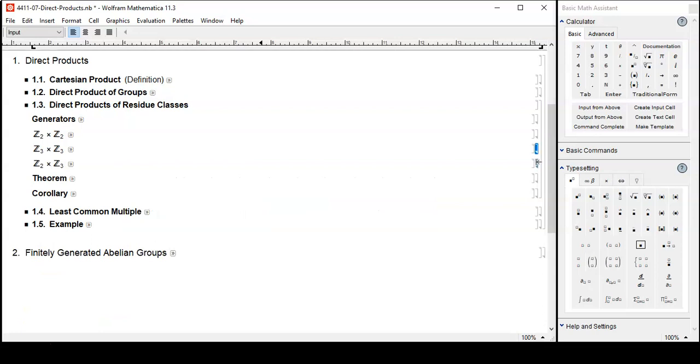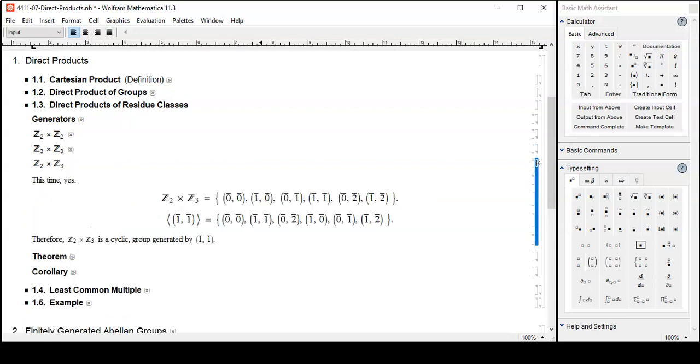Now how about this, Z2 times Z3? The answer is, this time, yes. We have these 6 elements, and if you start from (1, 1), let's say (0, 0) plus (1, 1), so we get that, and plus (1, 1) again, you're going to get (2, 2), but first 2 is congruent to 0, so we get (0, 2), and plus (1, 1) again, then (1, 3), but 3 is congruent to 0, so (1, 0), and plus (1, 1) again, plus (1, 1) again, eventually we cover everything.